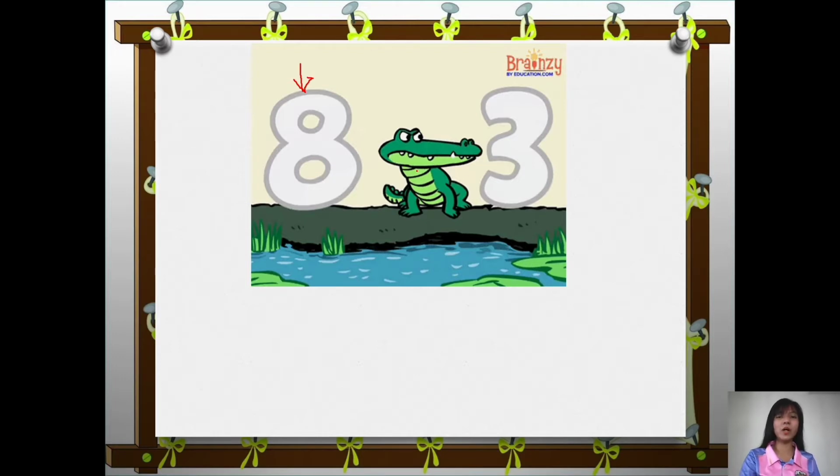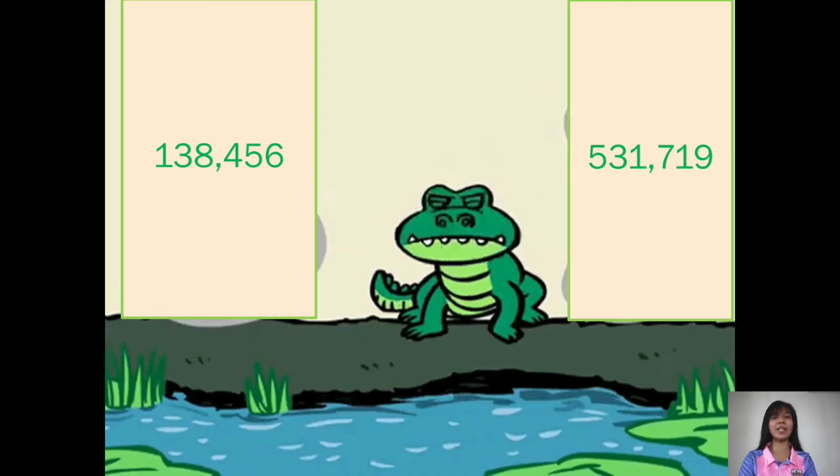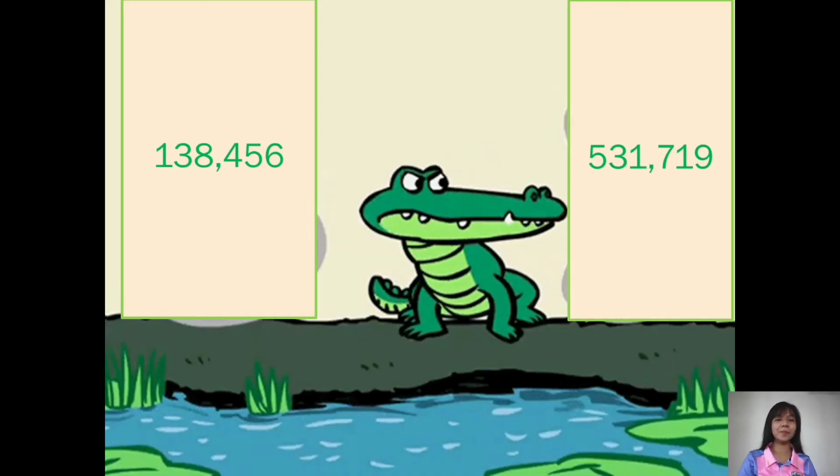So he will open his mouth to the bigger number, which is 8. If you read this one, 8 is greater than 3. Alright, so now do you understand? Of course you do! Now let's proceed to exercises.